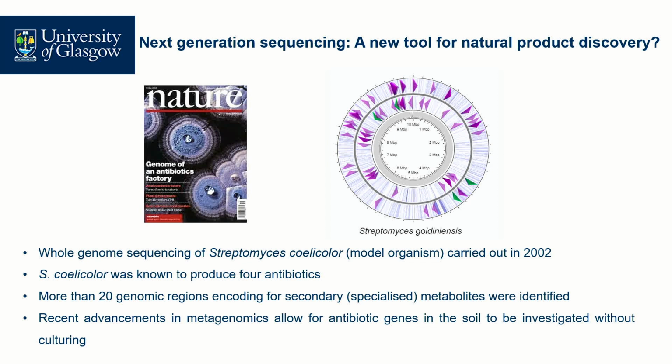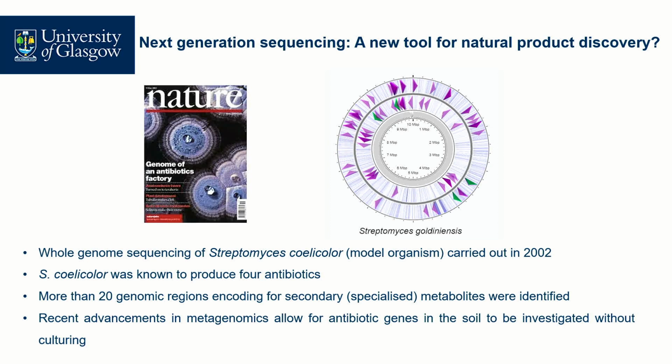So these were then coined cryptic or silent biosynthetic gene clusters, and there's now a lot of work going on to try and get these gene clusters activated in the lab so that we can study the natural products and again hopefully take them forward in the clinics. It's also important to note that now we don't actually need to culture the bacteria from the soil to study their natural products.